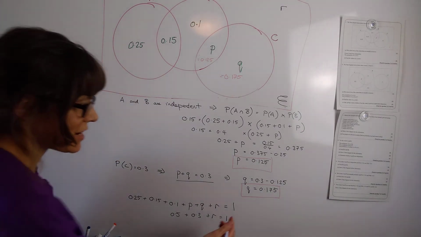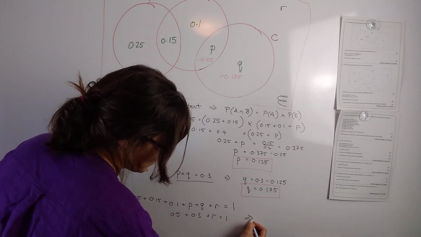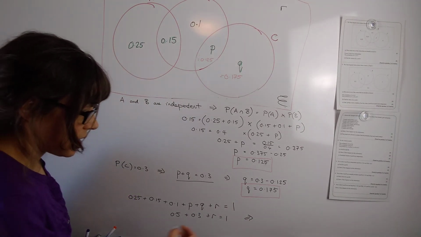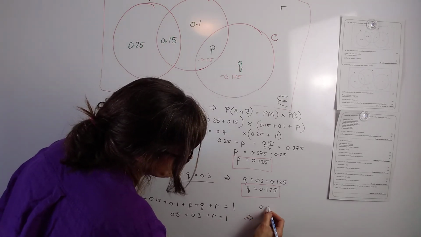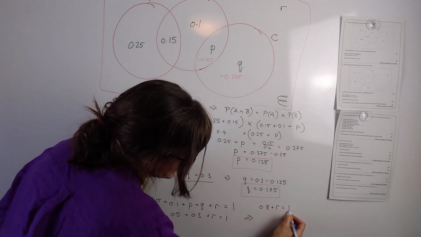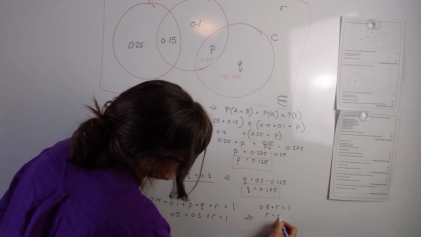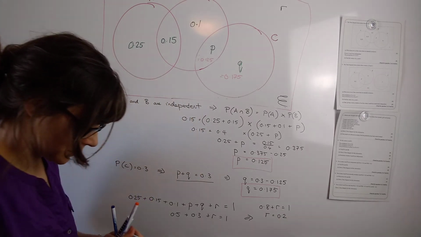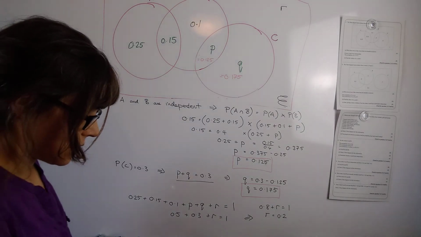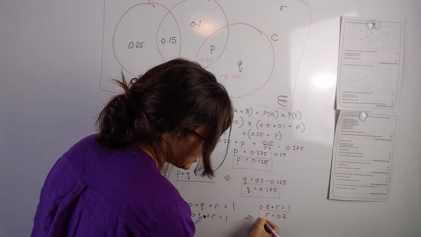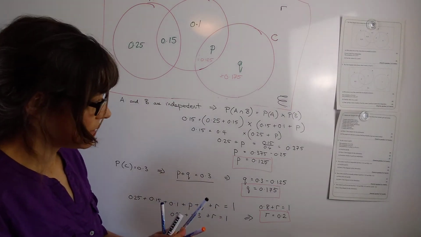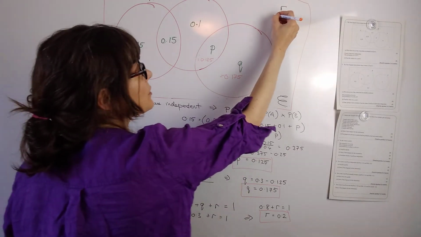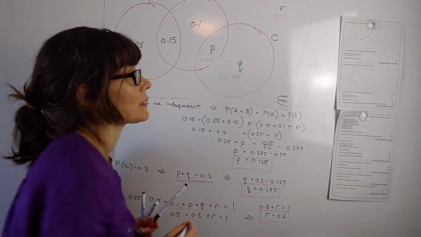And if I rearrange that, I'm going to get 0.8 plus R equals 1. And I make that R equals 0.2. What you can do if you want to double check those is put all of these back in. And yeah, I've got R equals 0.2 out of that.